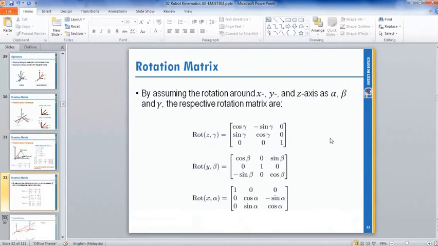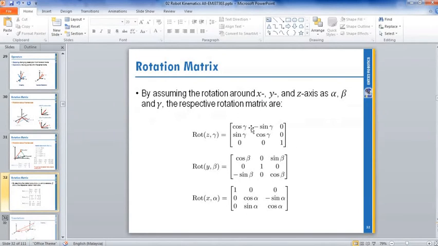Okay, this is the important formula, for the homogeneous transformation matrix and also for the DH method. Normally this formula will be given in the quiz or exam. I will give this. The other formula that you need to remember and apply is the translation matrix.